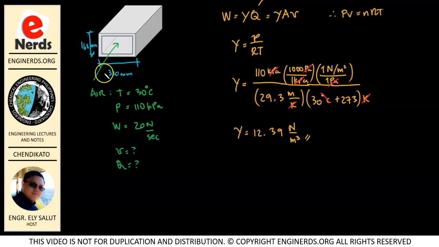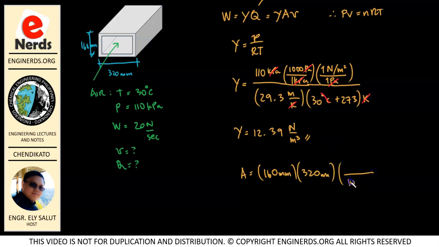Since the dimensions of our rectangular duct are given, we can get the cross-sectional area. Our cross-sectional area will be equal to 160 millimeter multiplied by 320 millimeter. So we will have square millimeter here, but we need to convert this to square meter.